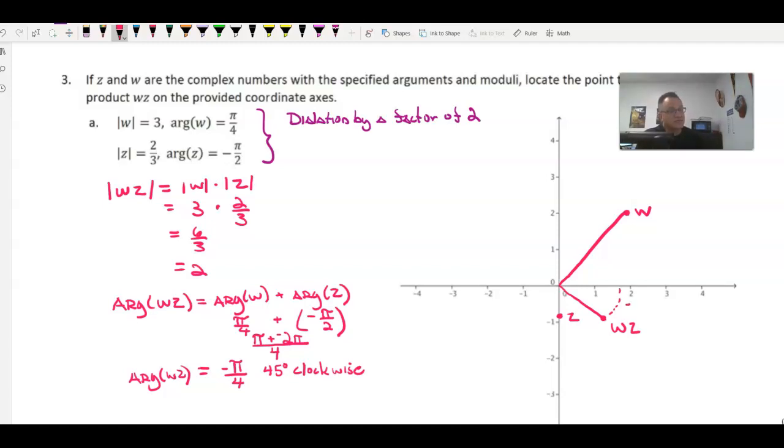That's negative pi/4. So we're using the shortcut now to get the argument and the modulus. Okay, questions?